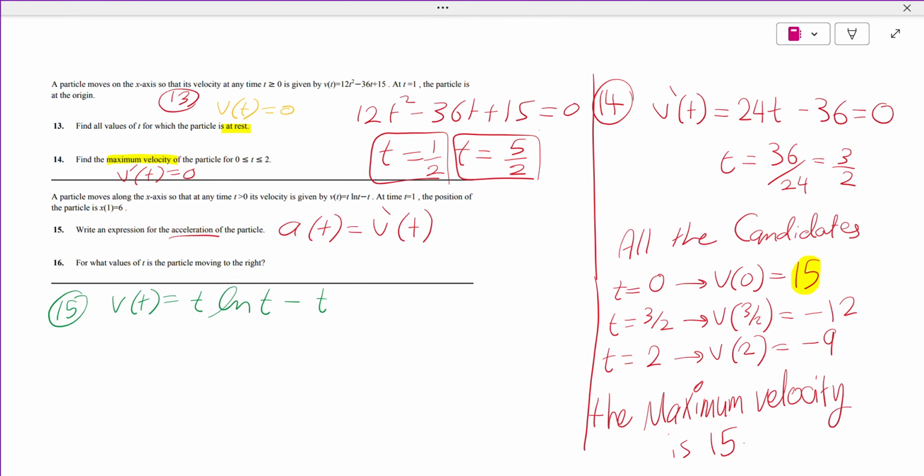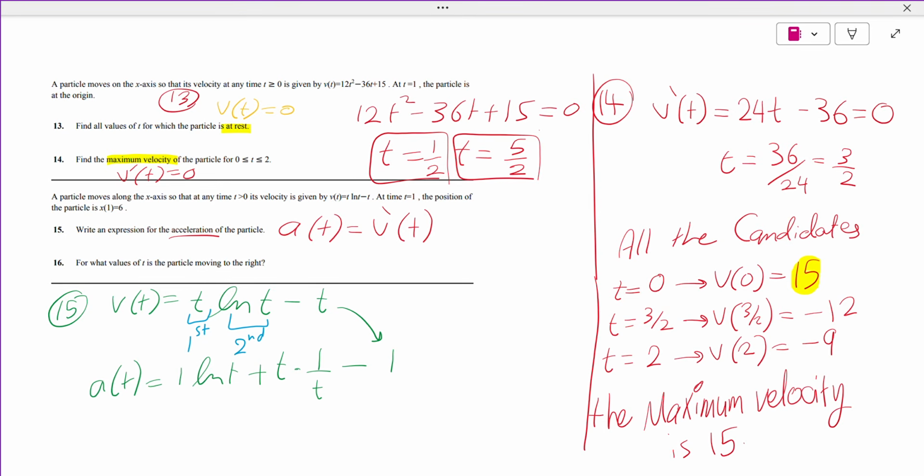Okay, so here we have first, we have second, because we need to differentiate. So a of t is equal to what? Differentiate the first, it's 1 times leave the second plus leave the first times differentiate the second. The derivative of ln of t is 1 over t, minus the derivative of this t is 1.